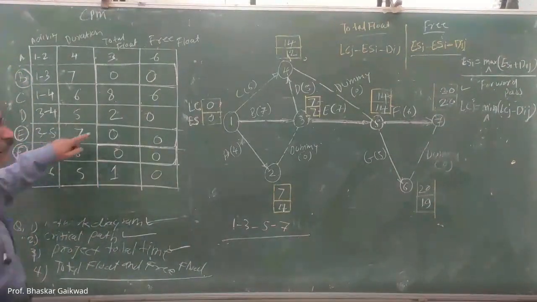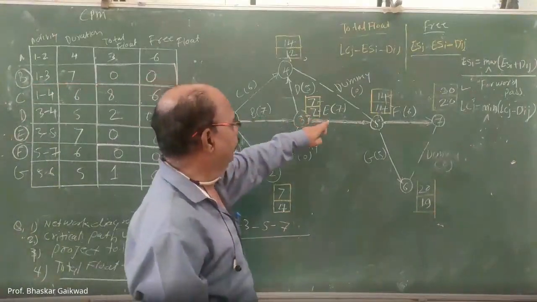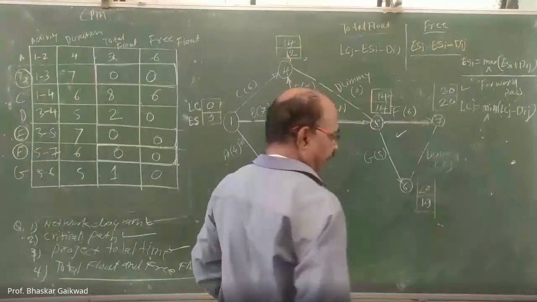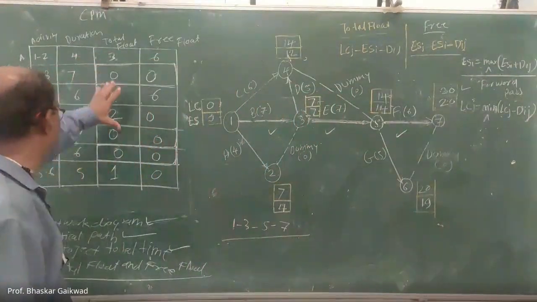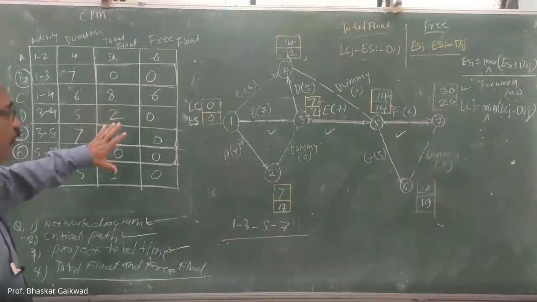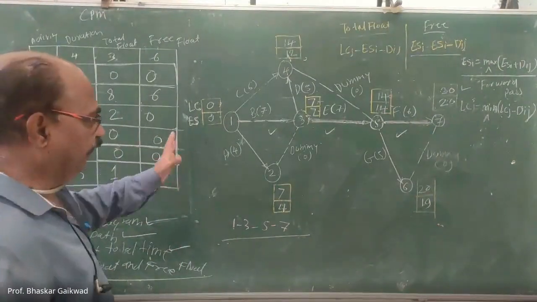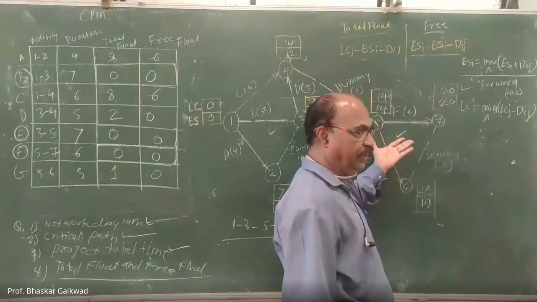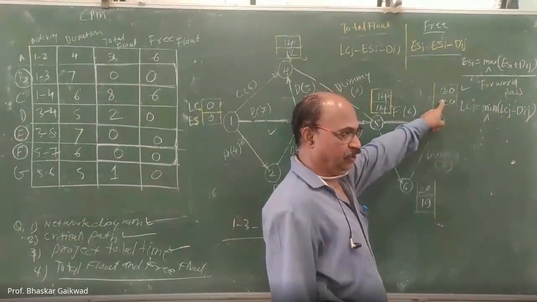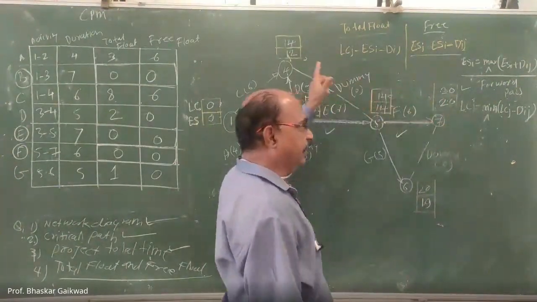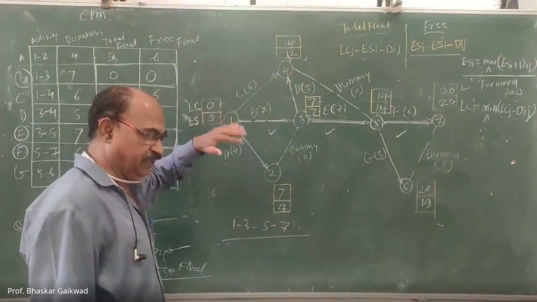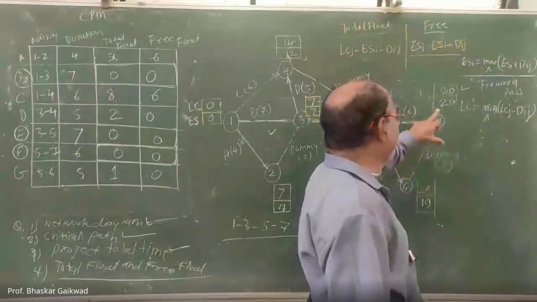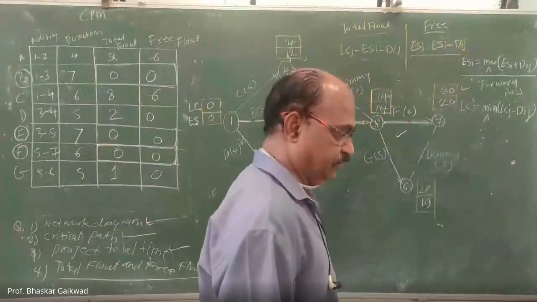So this activity is very critical and you have to concentrate over this. From this, it can be delayed. Float means the time can be delayed without affecting total project time.